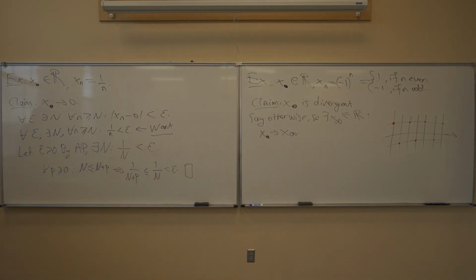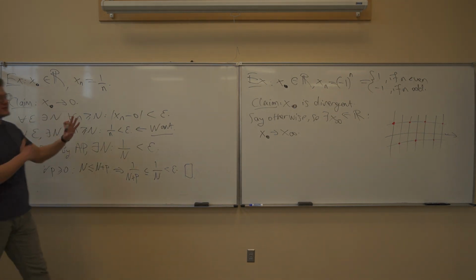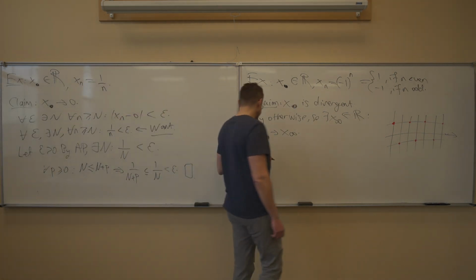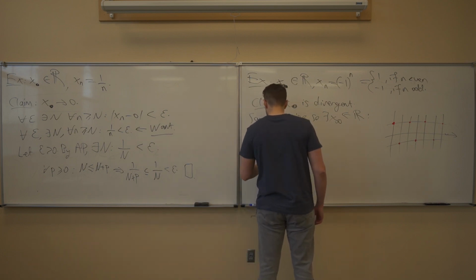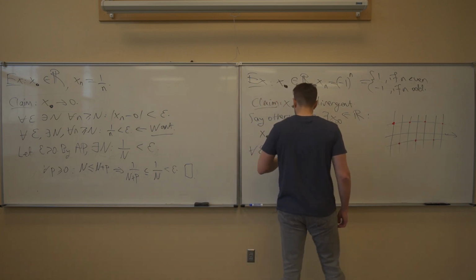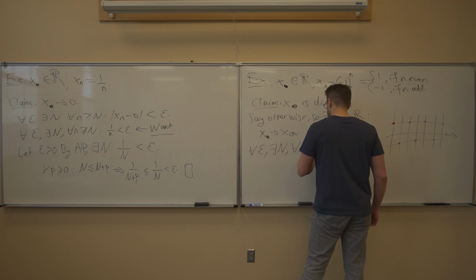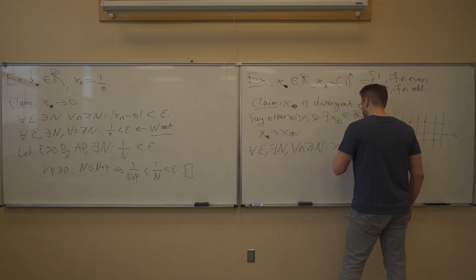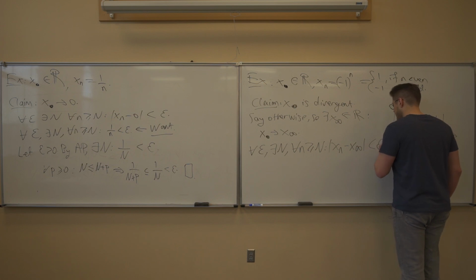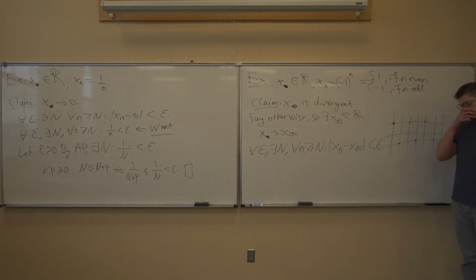Writing down the definition, it says that for any epsilon, there's an n, blah, blah, blah. Let's write it out. Okay. Now you can read it.